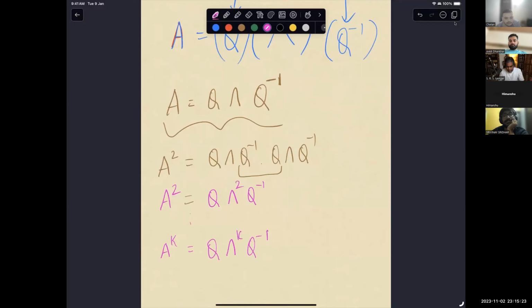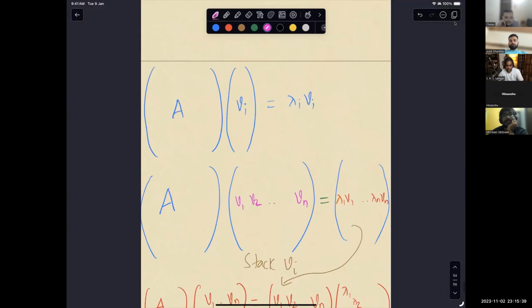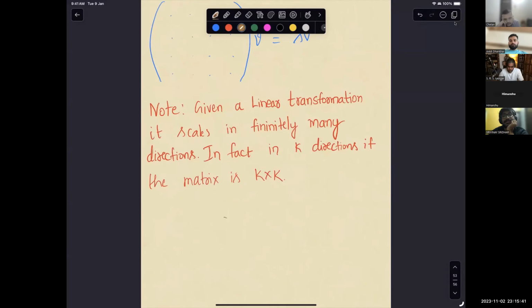This tells you something very powerful. If you want to empower a complicated big matrix to the power of K, write it first as Q lambda Q inverse and simply empower the middle fellow. And empowering the middle fellow is simply raising the, what is this?